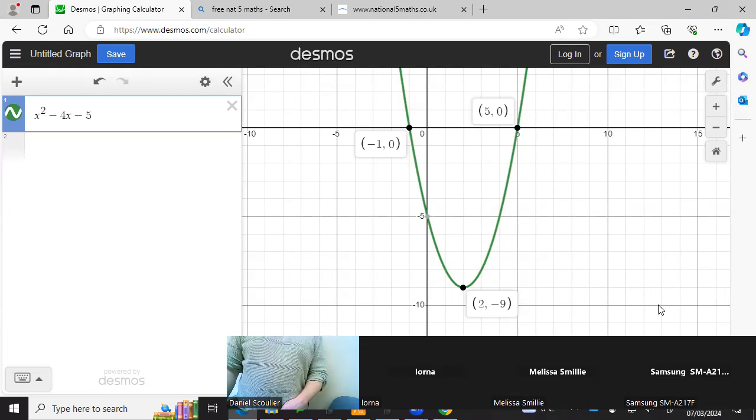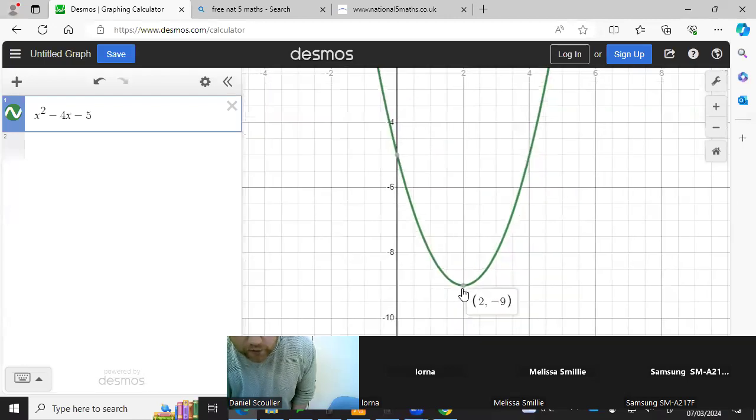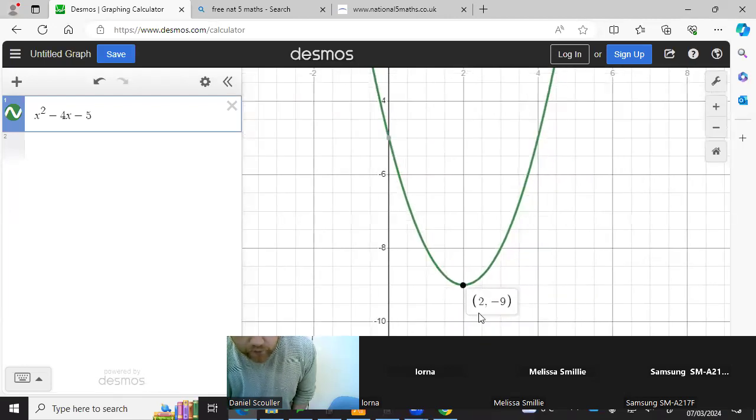That's where they would ask you that, or they would ask you where it cuts the y-axis, but it doesn't turn. So that turning point, that minimum there, 2, -9, is what we've just worked out. Working out minimums and maximums is really important in this respect. It will give you the maximum value you can achieve and where that would be. Okay, so that's the turning point one.